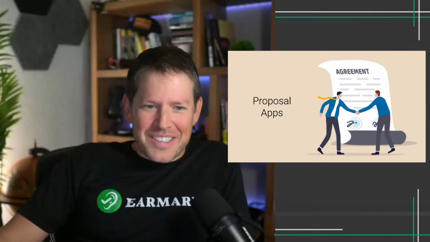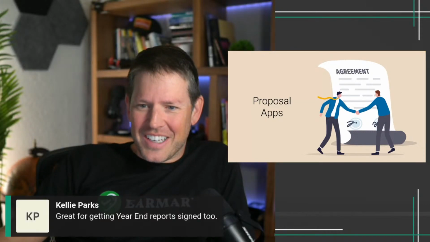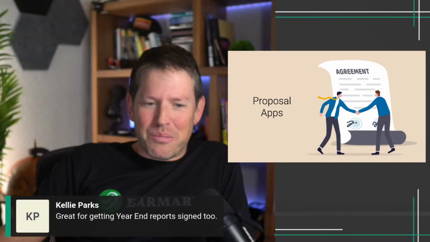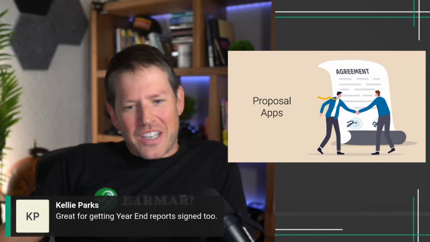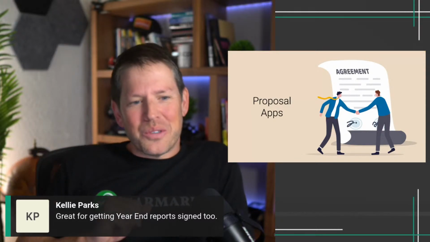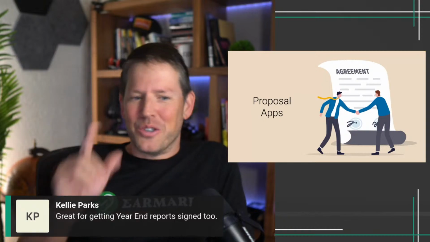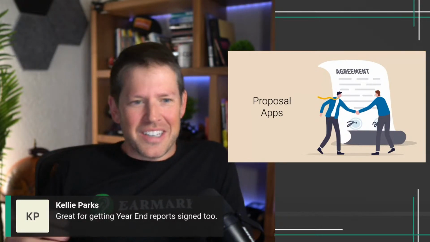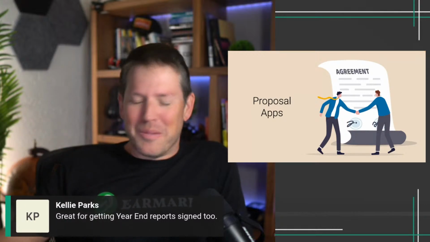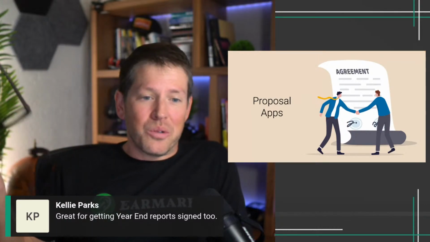Kelly, welcome. Thank you for joining us live. Kelly says, great for getting year-end reports signed too. Yes, that's a great idea, actually. You can actually use a tool like PandaDoc. I don't know if that's one you're referring to, but if you need clients to sign off on something, saying that they received information, you could actually automate that with a tool like PandaDoc.